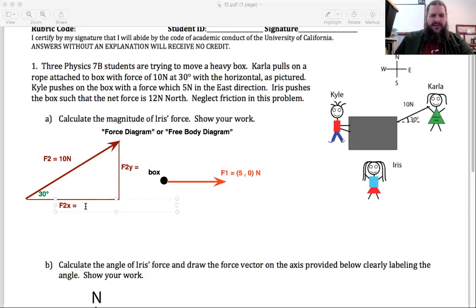So yeah, F2X, we take the magnitude times cosine of the angle, because as long as you're measuring from standard position, measuring the angle from the positive x-axis, then the adjacent side will always be the x component. So 10 newtons times cosine 30 degrees. And likewise, the y component is going to be the same, except with what change?